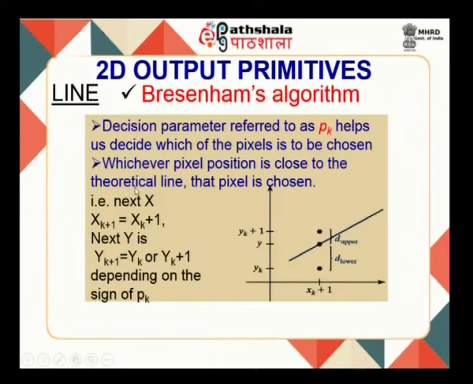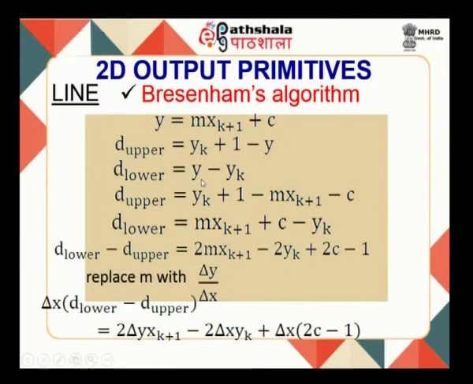So, d lower is the difference between the y and the yk. So, that is what is shown here, y minus yk, and you can expand d upper further like this, yk plus 1 minus y is shown here above. So, for y you substitute this equation, m into xk plus 1 plus c. So, yk plus 1 minus m into xk plus 1 minus c.